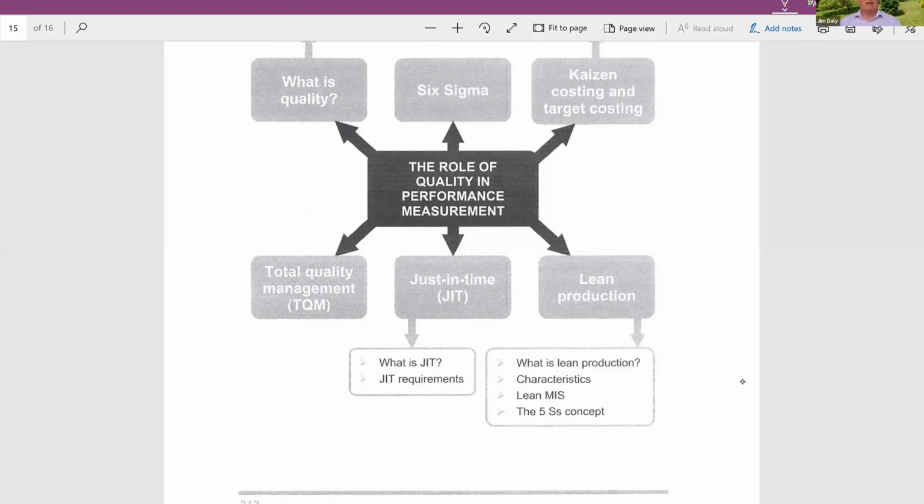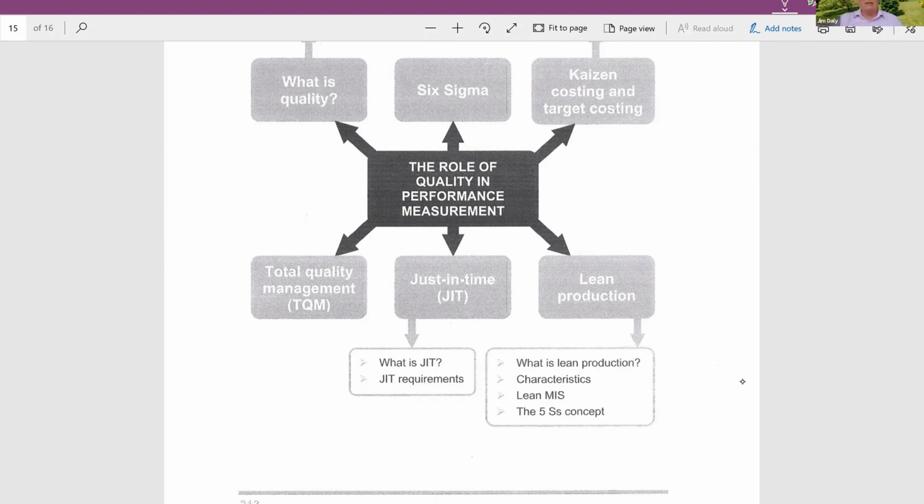JIT, what is it? Most people would say stockless production, but it's a combination of things really. Lean production, what is lean? How do we get rid of the non-value added activities, the waste basically? Characteristics, a lean management information system, maybe such as an ERPS, enterprise resource planning systems, and the 5 S's concept from that.